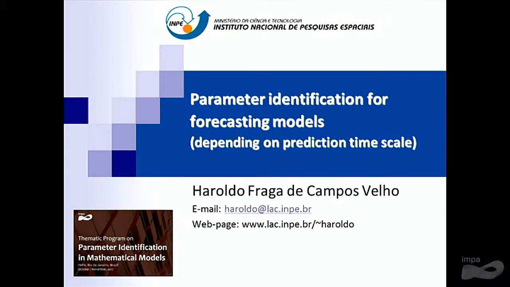In meteorology, for example, the meteorologists try to identify some time scale for prediction. Nowcasting means a few hours ahead. And forecasting could be 1 day up to 15 days ahead.